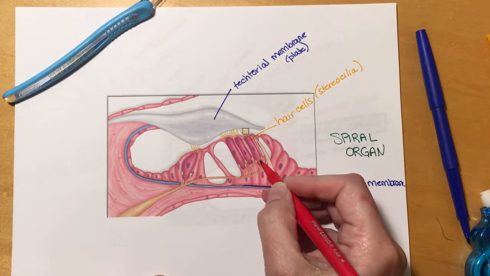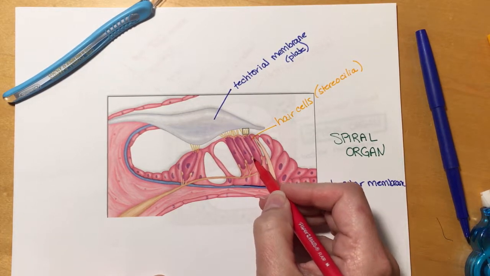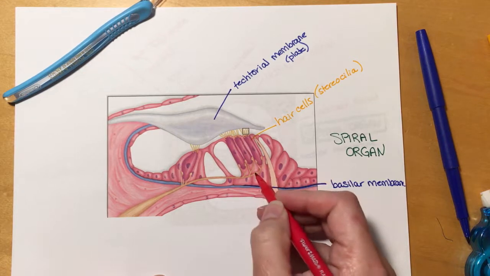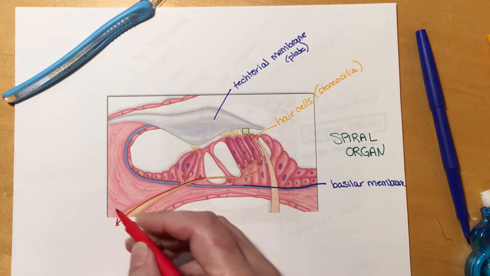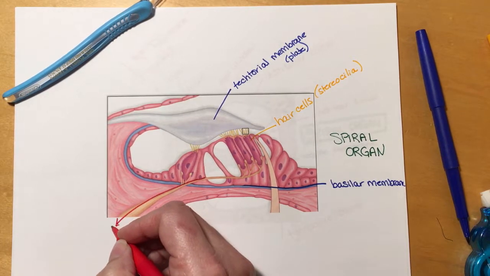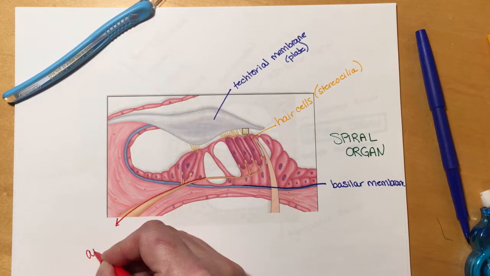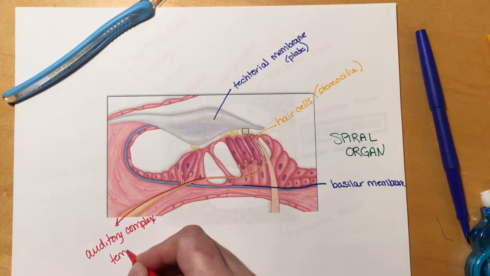These are all neurons, and the hair cells are going to cause the beginning and the activation of an action potential. And that action potential is going to come down here on the cochlear nerve. It will be sent into the auditory complex of the brain, which is in the temporal lobe.